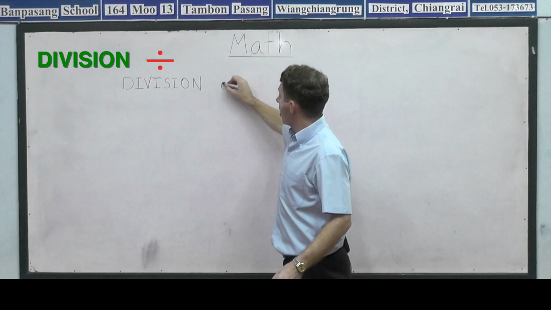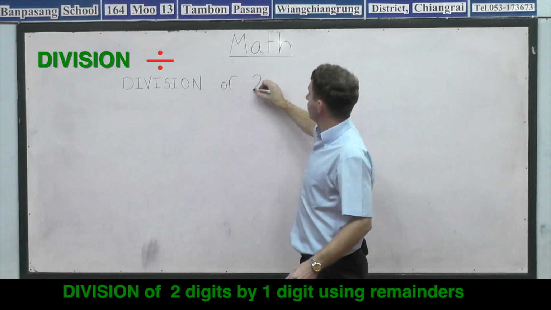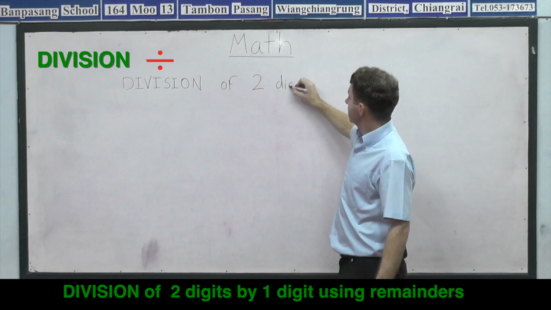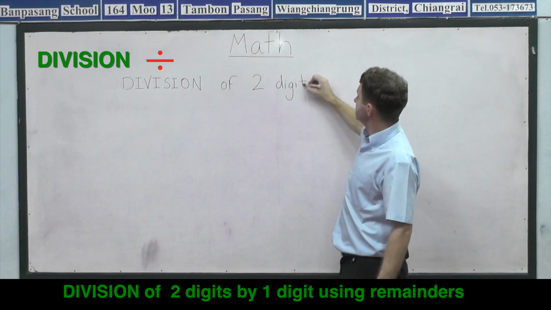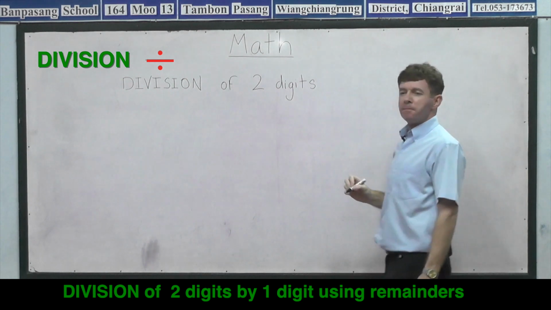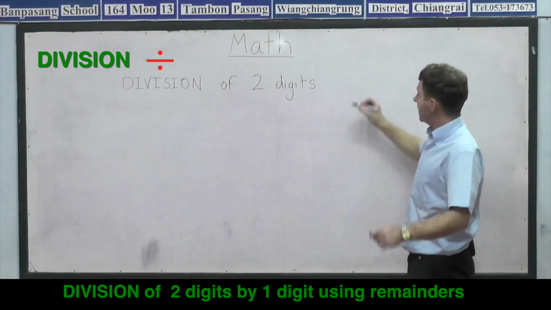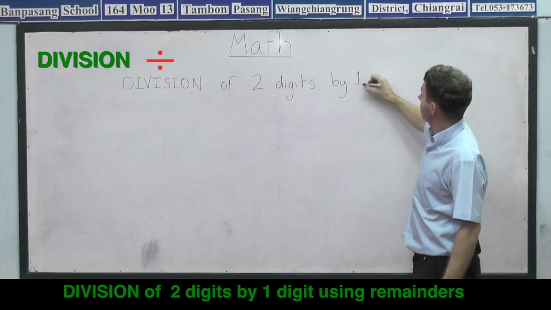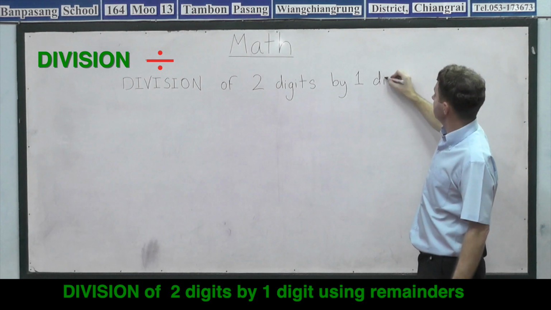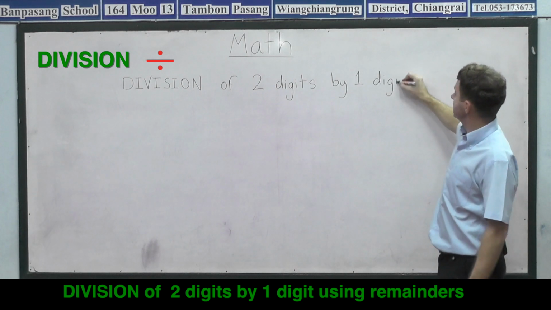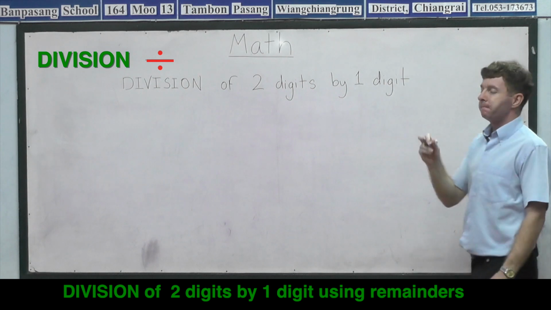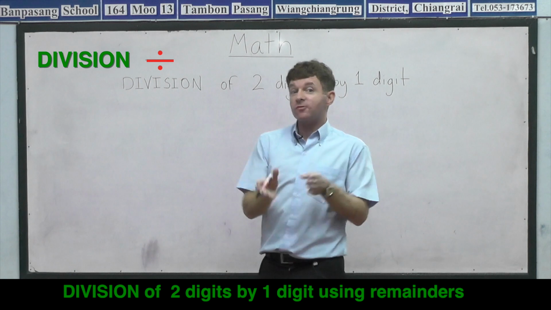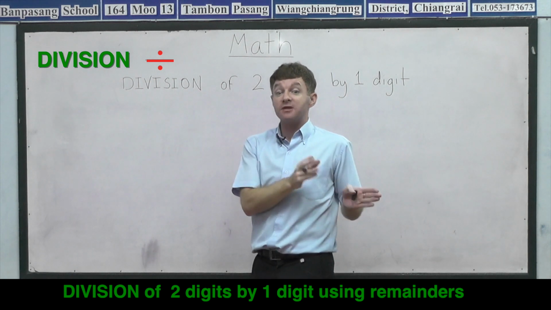Division of 2 digits by how many digits? By one digit. D-I-G-I-T.